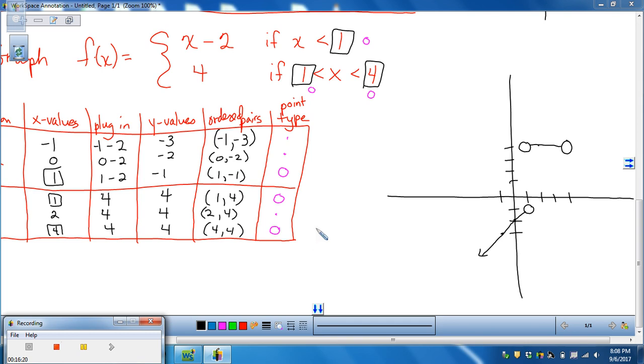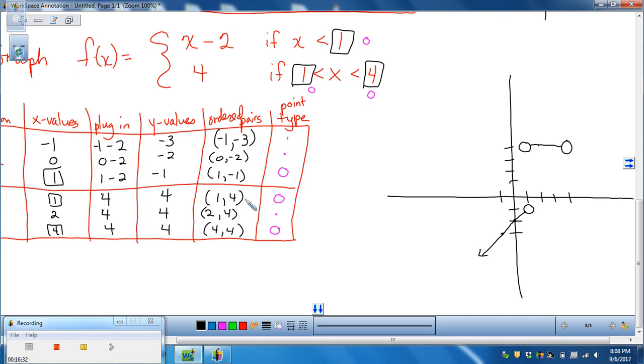Okay, welcome back. Now time to check our graph. (-1, -3), plotted here. It was a regular point. (0, -2), again, right here on the y-axis, regular point. (1, -1) was an open circle. That's an endpoint. The other end did not have an endpoint, so we have a line going through those points and going forever down to the left.